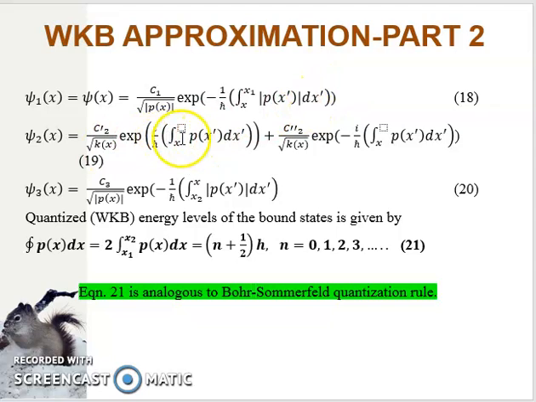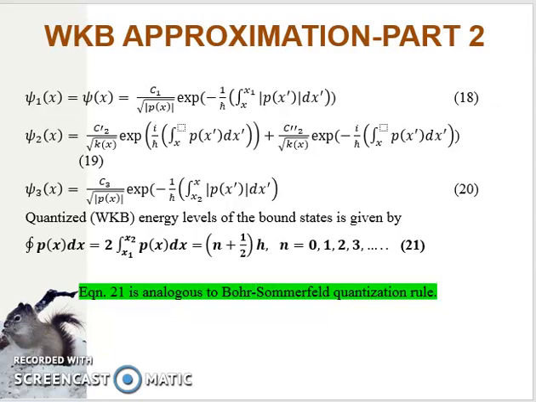Psi 2 यहाँ पे 2 term है within the region x1 and x2, one left going term and one right going term, and in the third region we have only 1 term that is going to the right side direction. So the quantized energy levels of the bound state is given by the closed integral of p(x) dx, that is equal to 2 times the integral of p(x) dx from x1 to x2, and this is equal to (n plus half) h, where n can take values 0, 1, 2, 3 and so on.